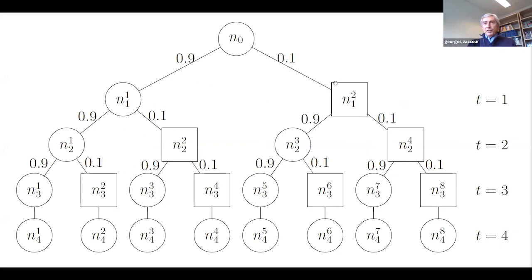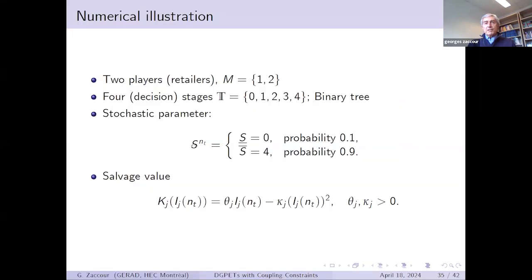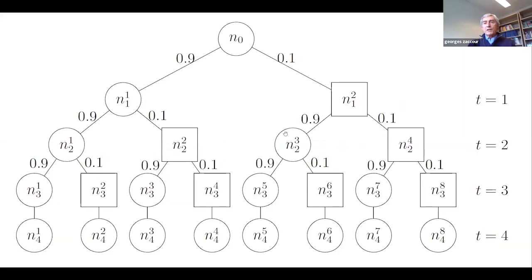If I'm not mistaken here, square nodes mean that we have shortage, meaning that S_n is equal to S lower bar equal to 0, and the circle means that the capacity is at its upper value. And as I said, we end up with a binary tree like this one with n terminal nodes.